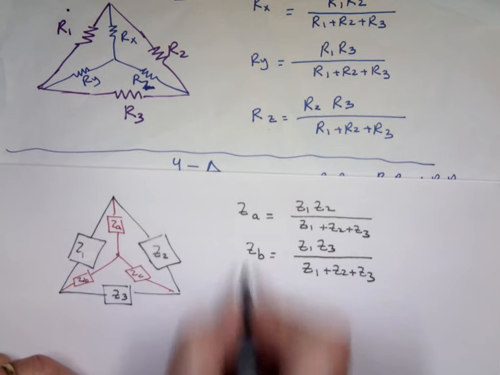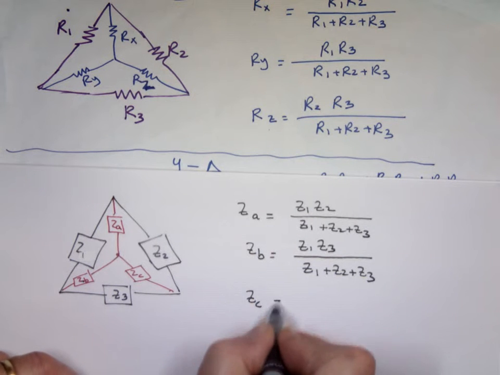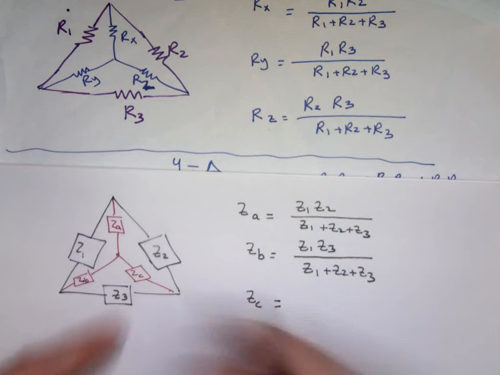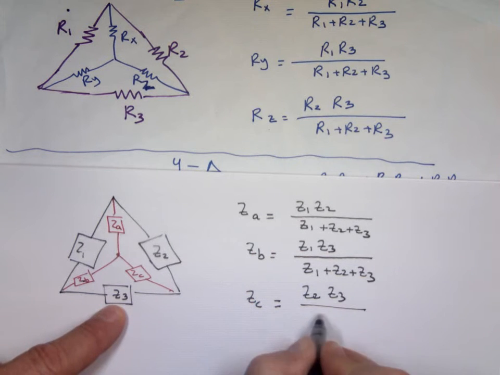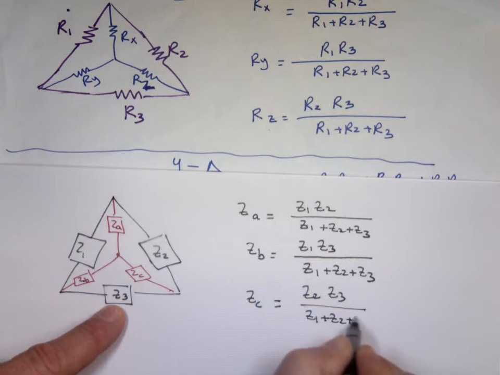And ZC, that's this one, the product of these two, Z2 times Z3, over Z1 plus Z2 plus Z3.